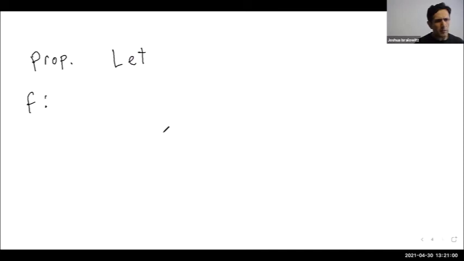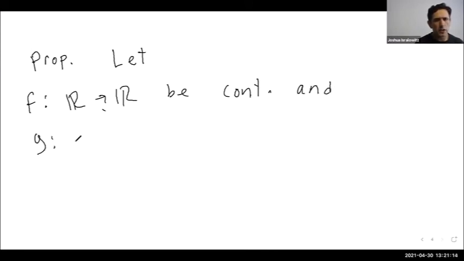Okay, so we have the following proposition. Let's say we have a continuous function f. And let's say we have a g that's measurable.